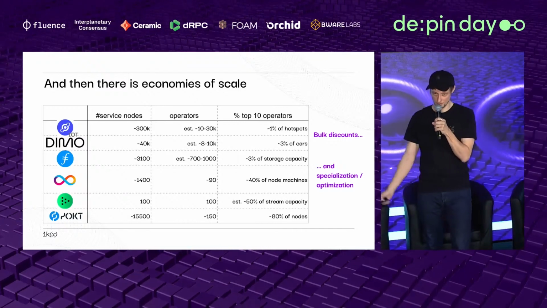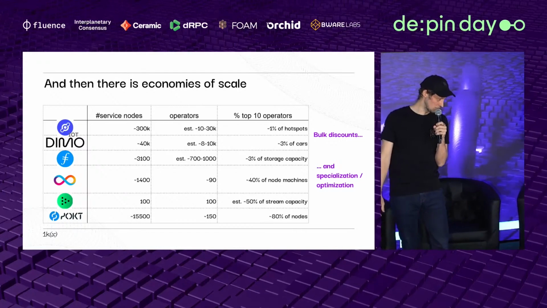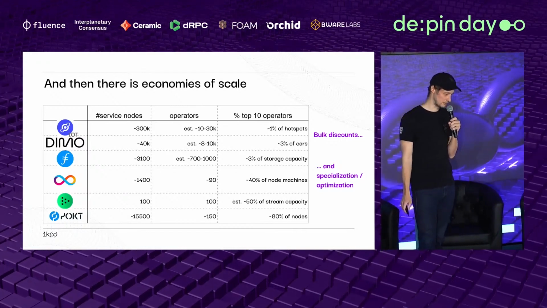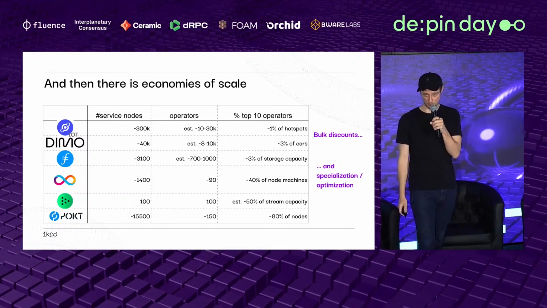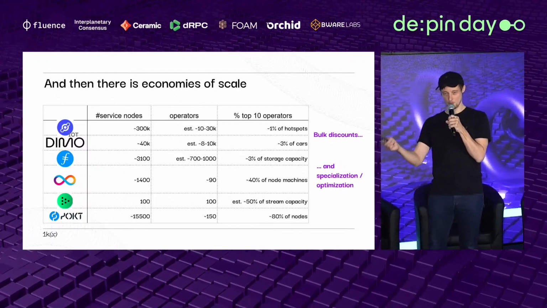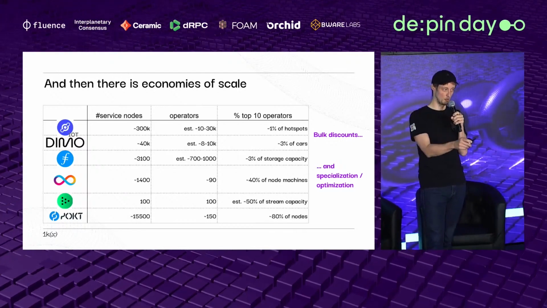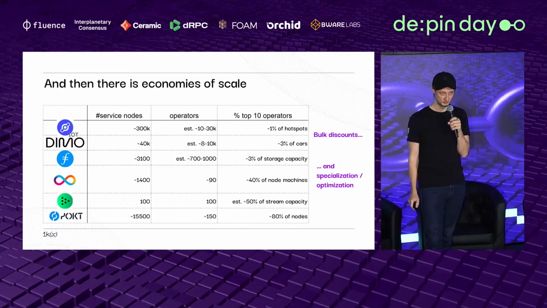It's just 150. But then if you look at the top 10 node operators, they own like 80% of all those nodes. There are node operators that run thousands of nodes. And obviously their cost structure per node is different to someone who just has one node running, right?